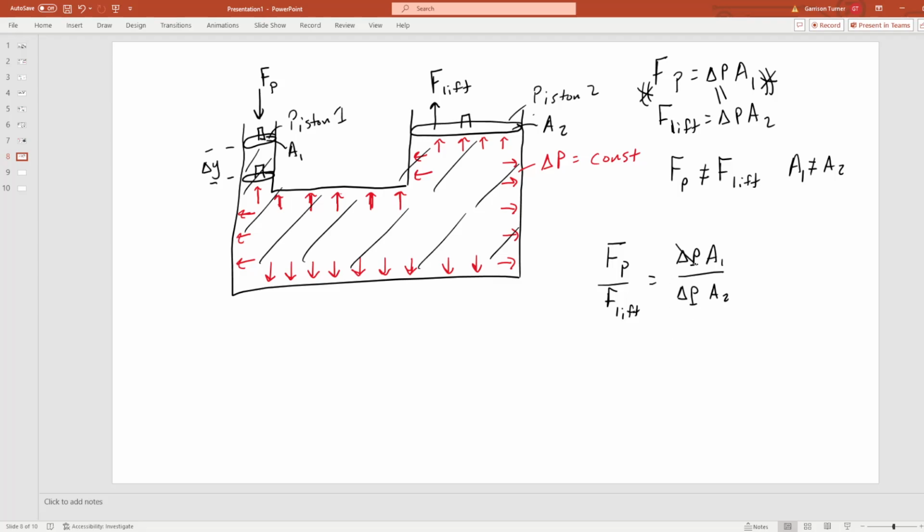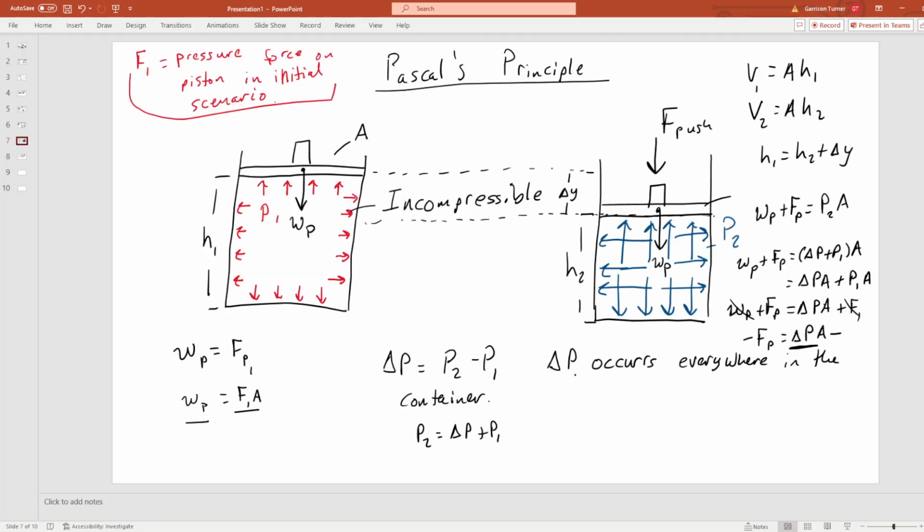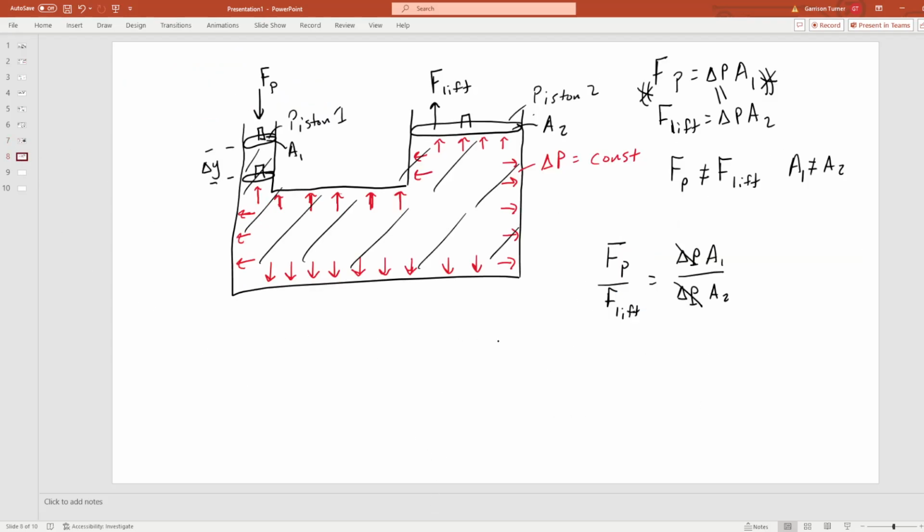But my changes in pressure are the same everywhere from Pascal's principle. The change in pressure occurs everywhere the fluid is. And so the ratio of my pushing force to my lifting force is equal to the ratio of the areas.